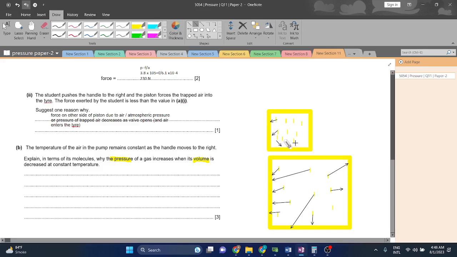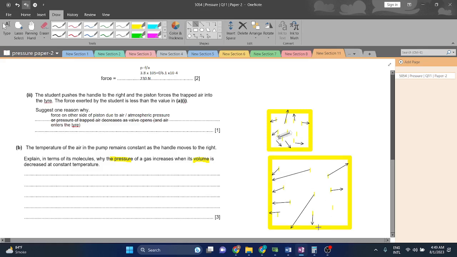So they will be hitting the surroundings way more often, and they will be creating a larger pressure inside the container than in the bigger one. In the bigger container, this particle goes here, then here, then here, and so on, while in the smaller one it goes here and then here much sooner. They hit the container with a larger frequency than in the bigger container.